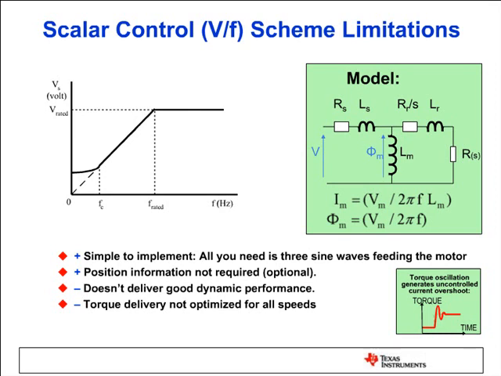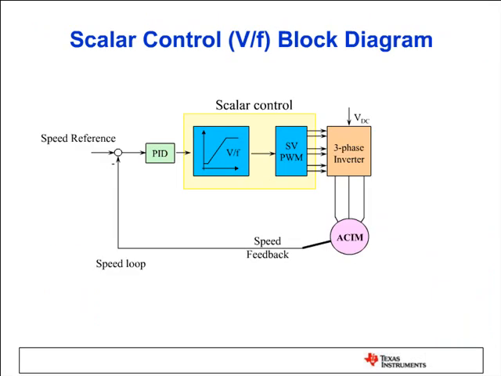This is the block diagram of the V by F control. Here the loop is closed with the speed feedback. V by F can be implemented open loop, that's okay. But if you want high precision speed control, you need to close the loop using the speed feedback.